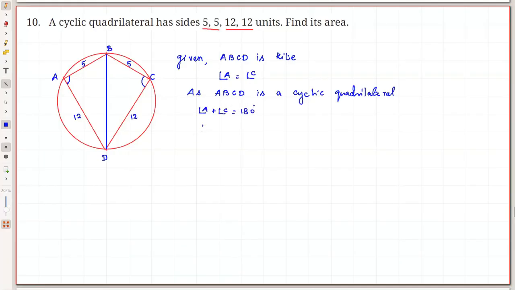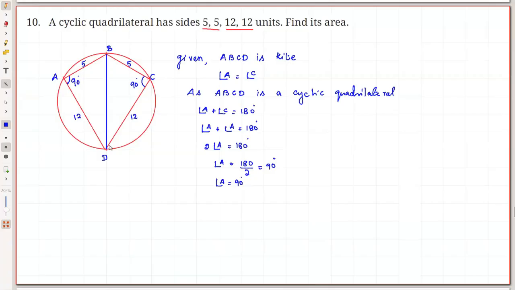Here both are equal, so angle A plus angle A is 2 times angle A, which is equal to 180 degrees. Therefore angle A is equal to 180 by 2. Angle A is equal to 90 degrees. If angle A is 90, then angle C is also 90 degrees.